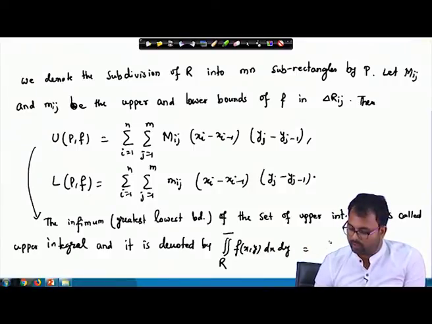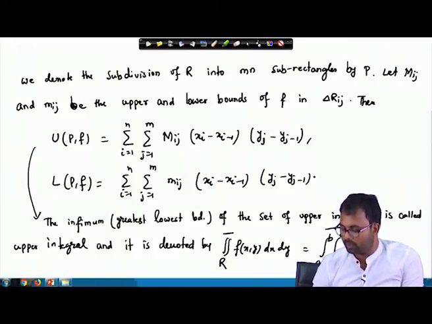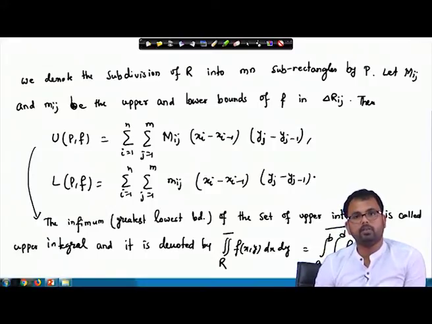You can also write integral a to b, integral c to d, then this bar here, f x y dx dy. So, that is basically our upper integral.